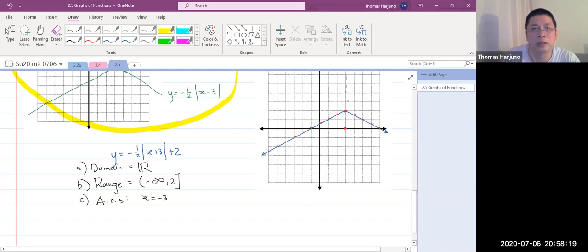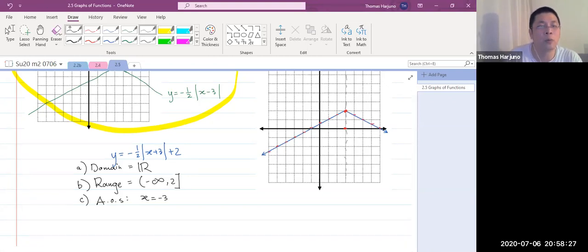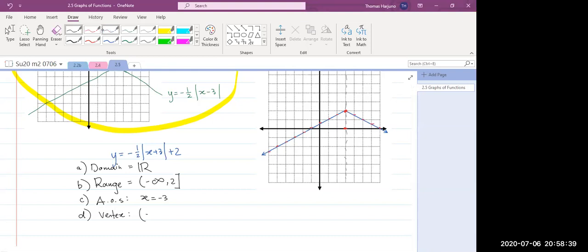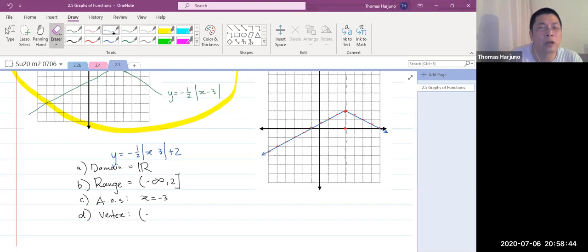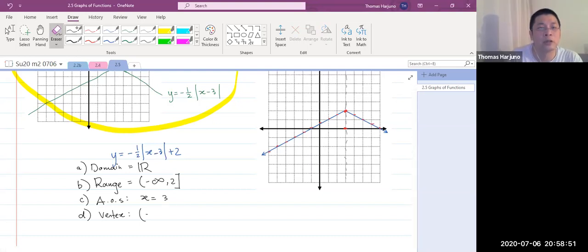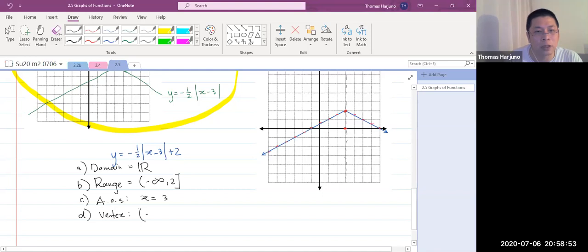So axis of symmetry should always be given in the form of the equation of a line. I think I copied this wrong. Shouldn't the axis of symmetry be x equals 3? Yeah, I copied this wrong. That's why I made a mistake there. So it should be x equals 3. That's right. And then the vertex therefore is 3, 2.